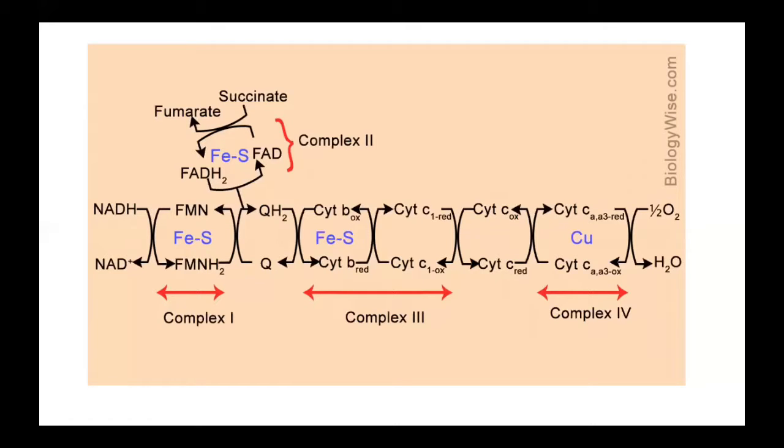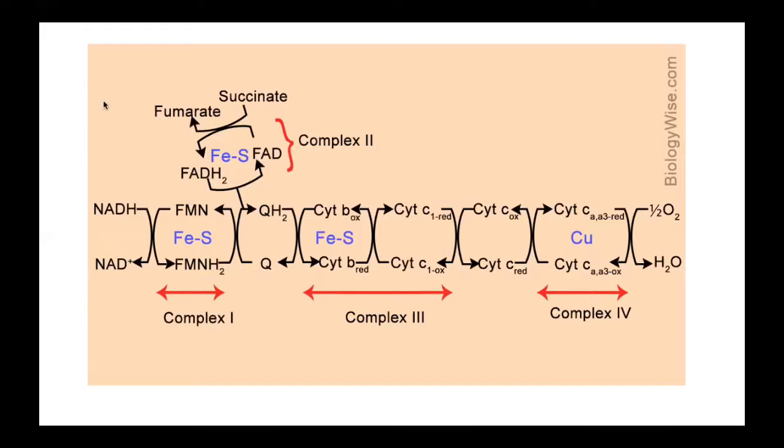This reaction donates electrons, which are transferred through this complex using FMN and a series of iron-sulfur clusters. The transport of this electron brings about the transfer of protons across the membrane into the intermembranous space.